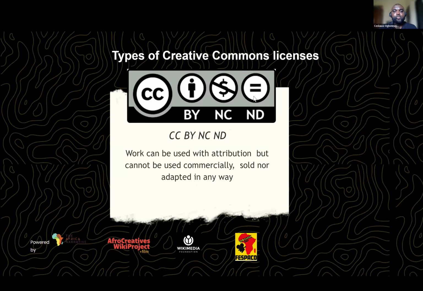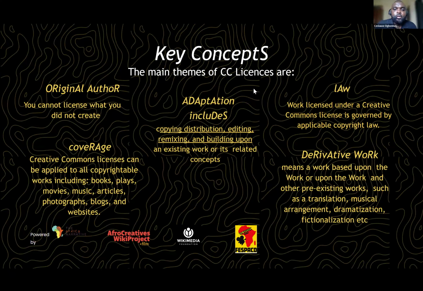So what are the key concepts for the Creative Commons licenses? The main themes of CC licenses are, first, original author. There must be an original author. You cannot license what you did not create, as I said some minutes ago. It doesn't matter if you paid money for it.